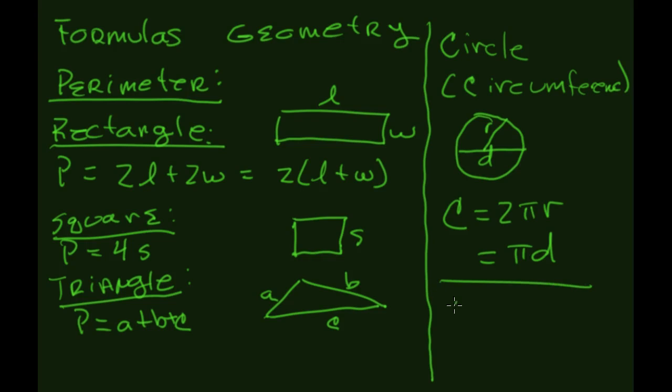Now what's interesting about this is this mathematical number pi is actually defined as the ratio of the circumference to the diameter of a circle, and it's a constant. And as we've seen before somewhere, it's approximately 3.14 or approximately 22 over 7, but it is an irrational transcendental number that can't be written as a decimal or a fraction easily. So those are a set of formulas that we need for perimeter.